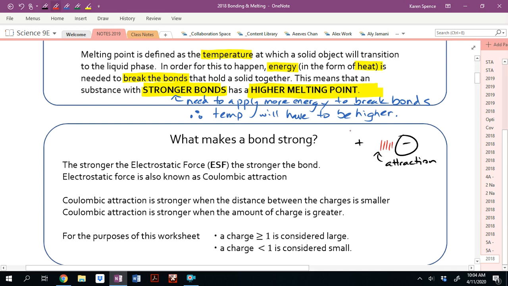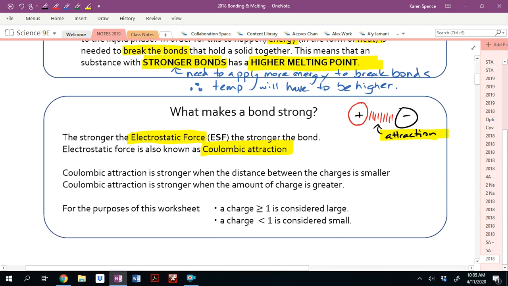My drawing's really bad today. There we go. So we have an attraction between a positive and a negative, and that is known as the electrostatic force, or it can also be known as the Coulombic attraction. Electrostatic force, electrostatic attraction, Coulombic attraction, those all mean the same thing, and they are all that attraction between positive and negative.